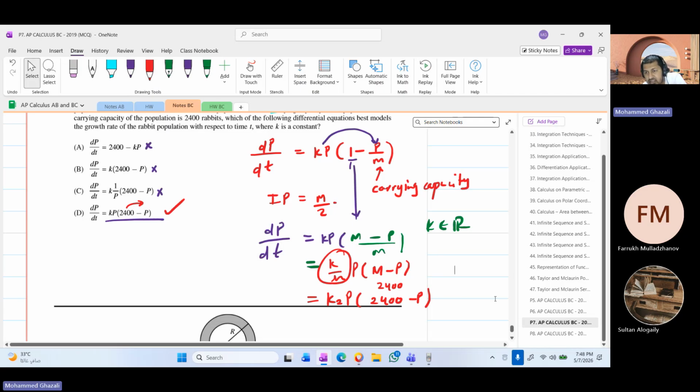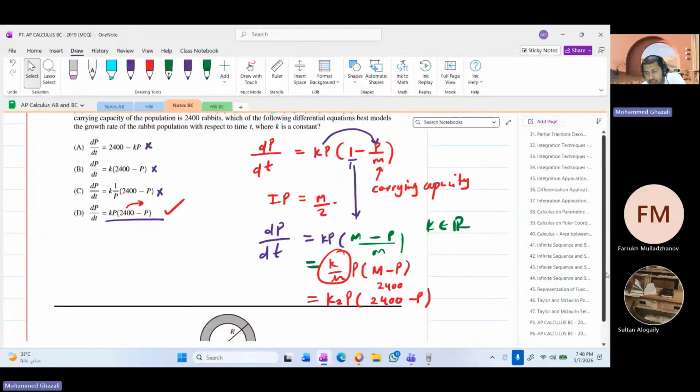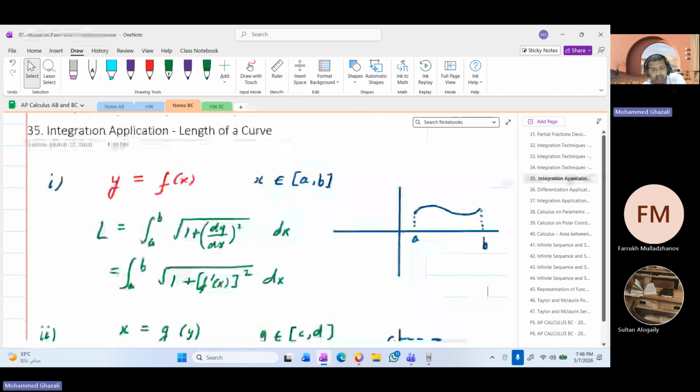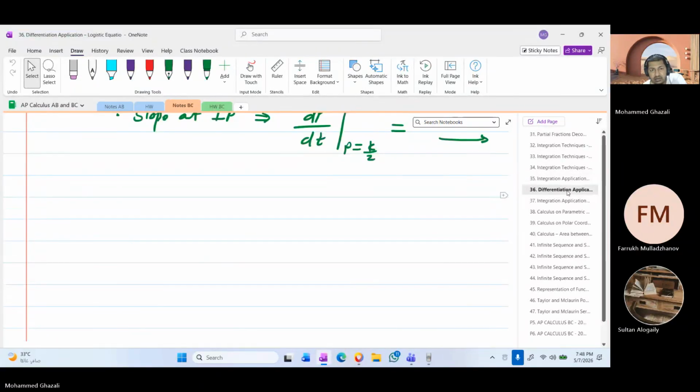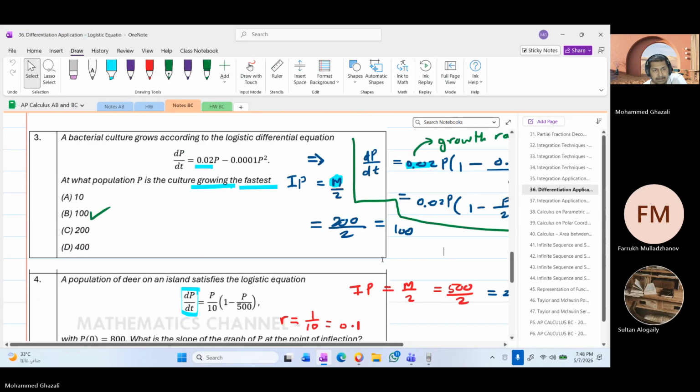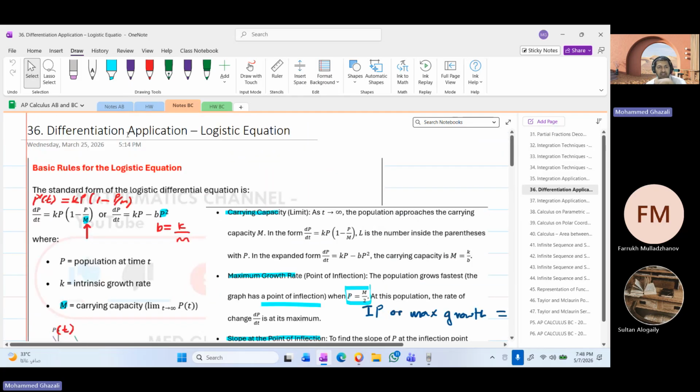You can have a look at the lesson that we did on this topic, on application of integration, differentiation, apply logistic equation. That's what it was, right? See, it has to be a quadratic. It can't be linear.